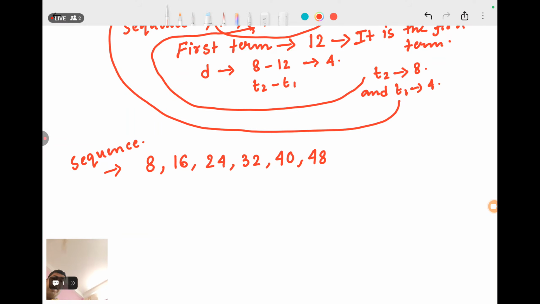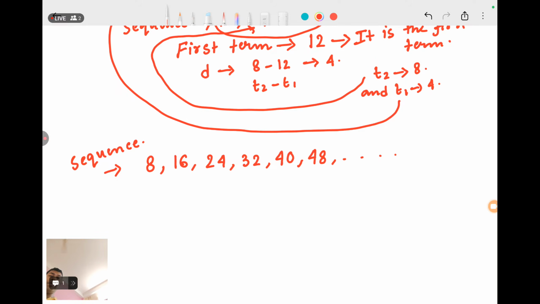Why it is a sequence? Because the difference between the first term and the second term is 8, and the difference between the consecutive terms is also 8.